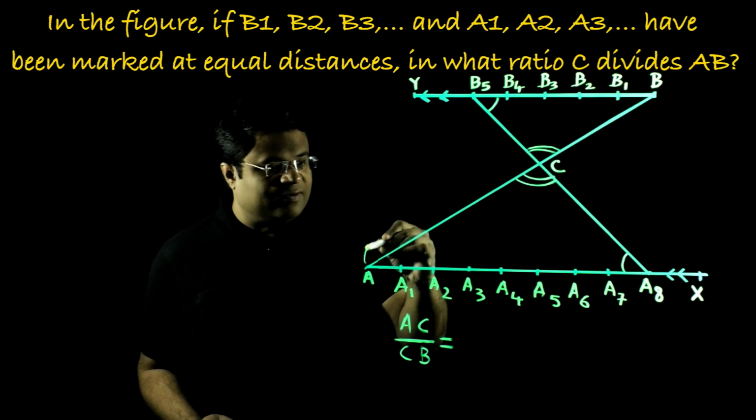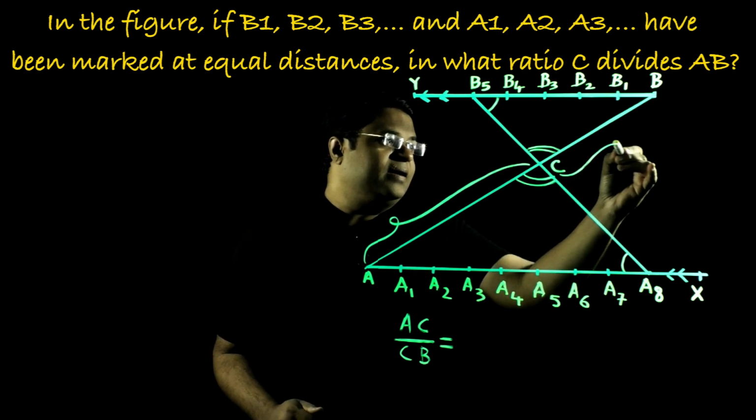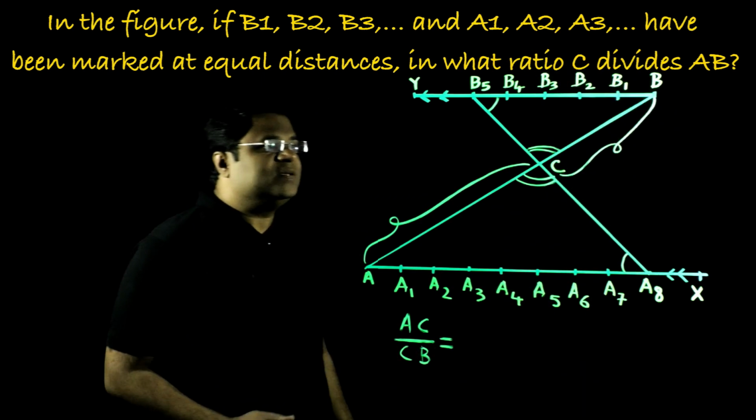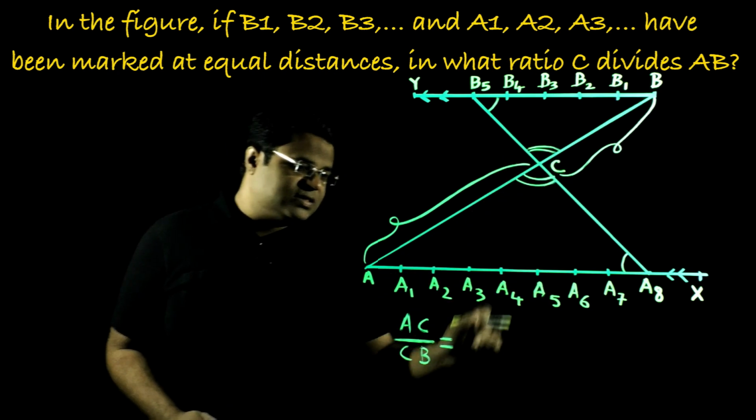So first I will write this part, and then we will write the other part, that is BC. So obviously this will be in the ratio of the bases.